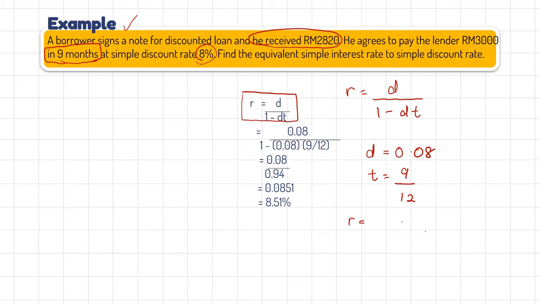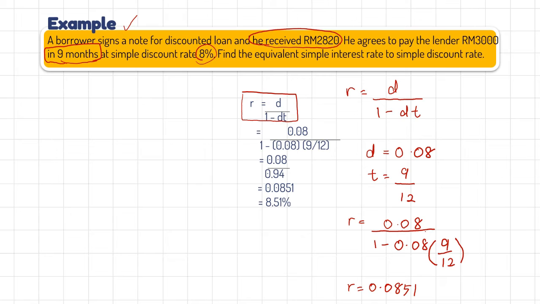We will get 0.08 over 1 minus 0.08 times our t, which is 9/12. Then just press your calculator and you will get your equivalent simple interest rate is 0.0851.